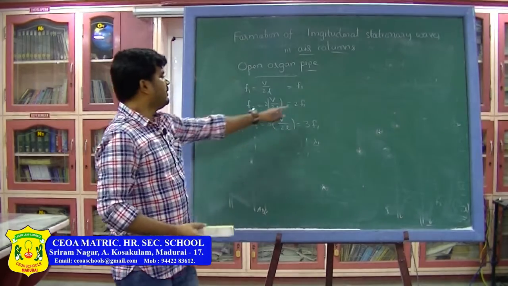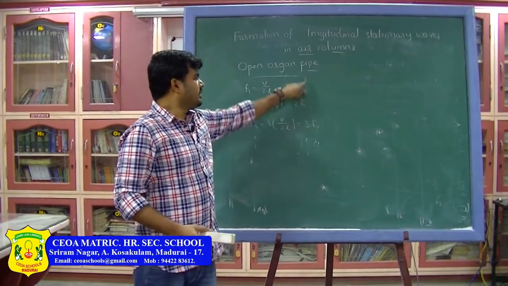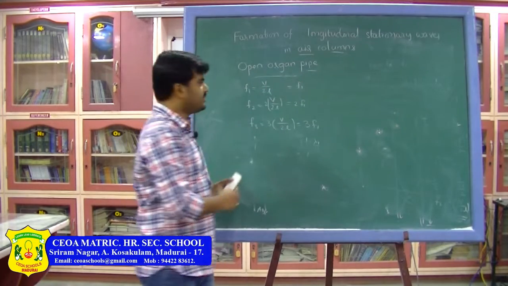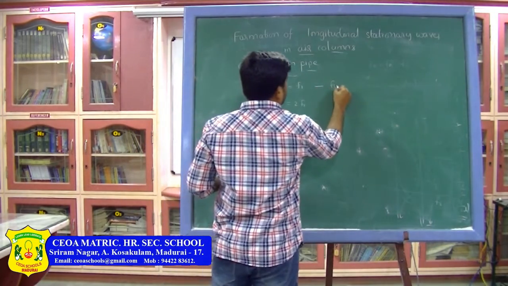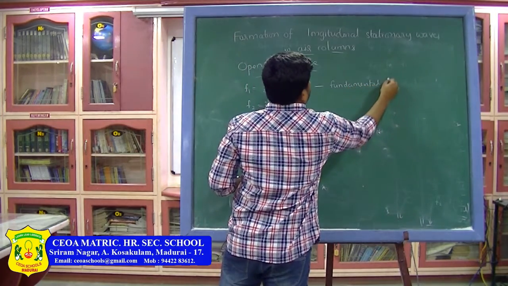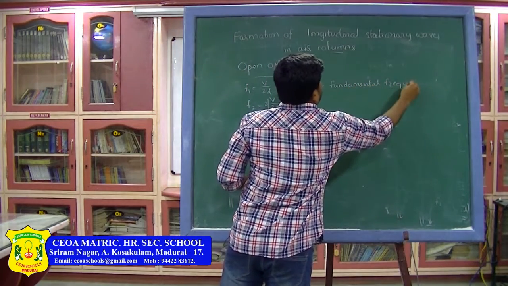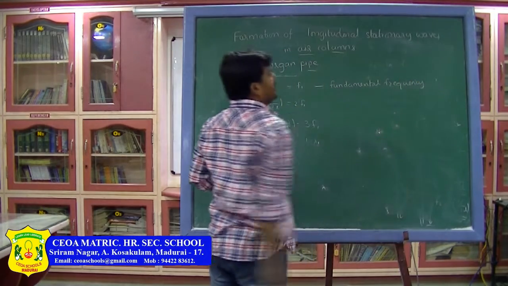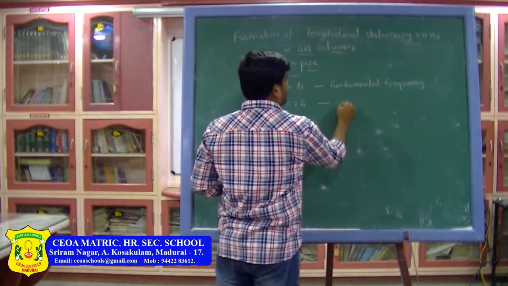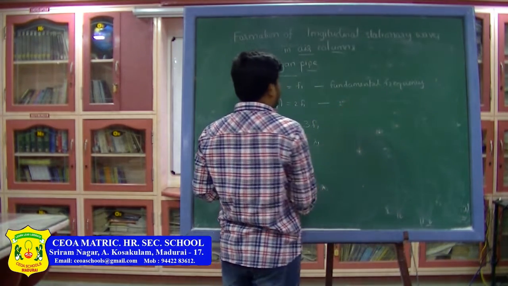So, the frequencies are nothing but integral multiples of the first frequency, which is the fundamental frequency. So, this is the fundamental frequency of the vibration of air column in an open organ pipe, and this is called the second harmonic frequency, second harmonic, third harmonic and so on.